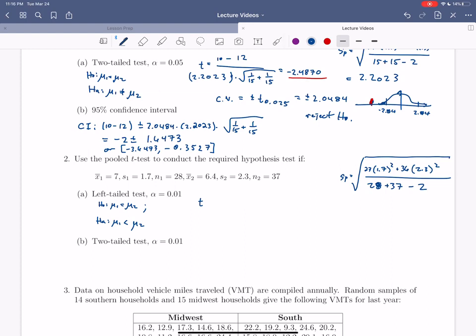Okay, and so that's going to be our degrees of freedom for our denominator. Plug that in to your favorite calculating device, and you get 2.0643. So that's the pooled standard deviation.